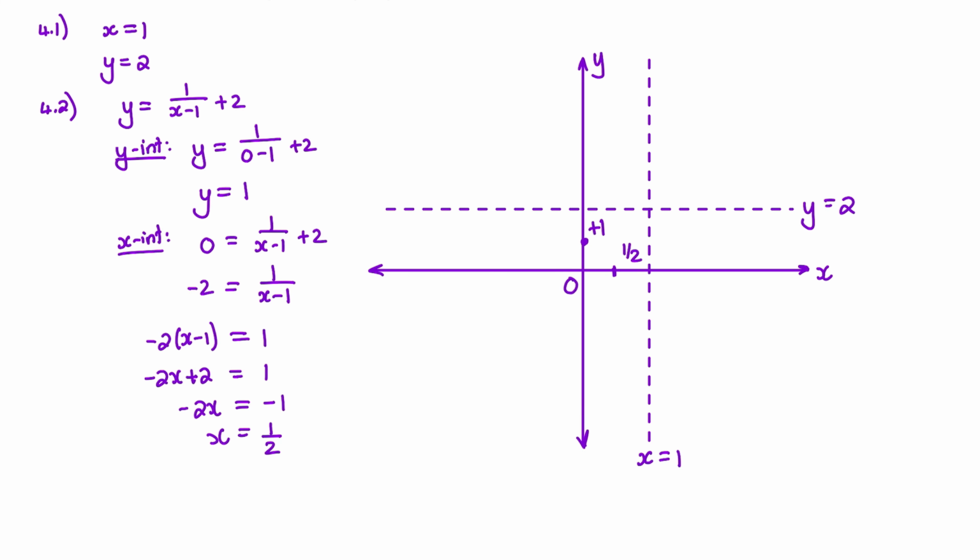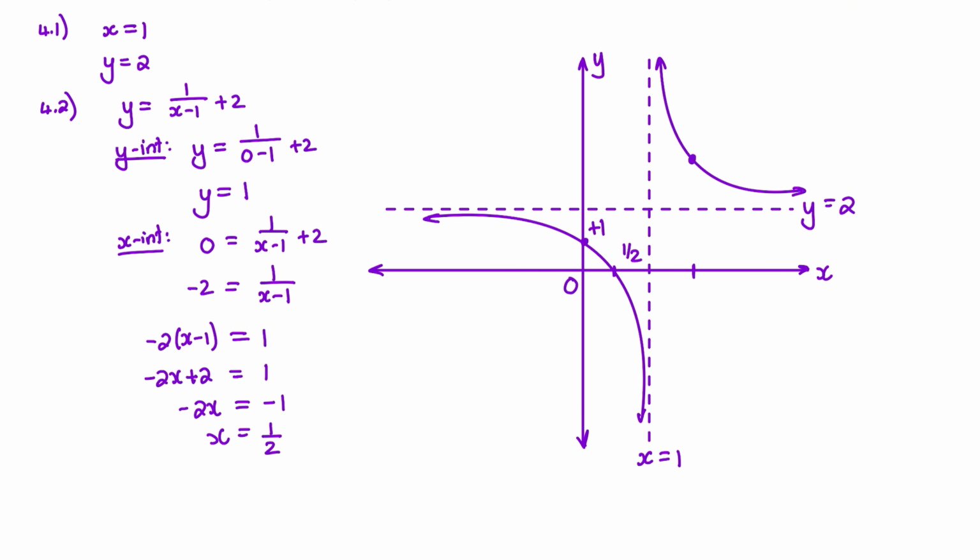So for the hyperbola, we'll have a curve that moves towards the asymptotes. And I'm trying to get my curve to move towards the asymptotes but never touch the asymptotes. And I'll put arrows on my curve. And the same goes for the first quadrant. Now what you can do is you can always substitute a point on this curve, for example, x equals 2.